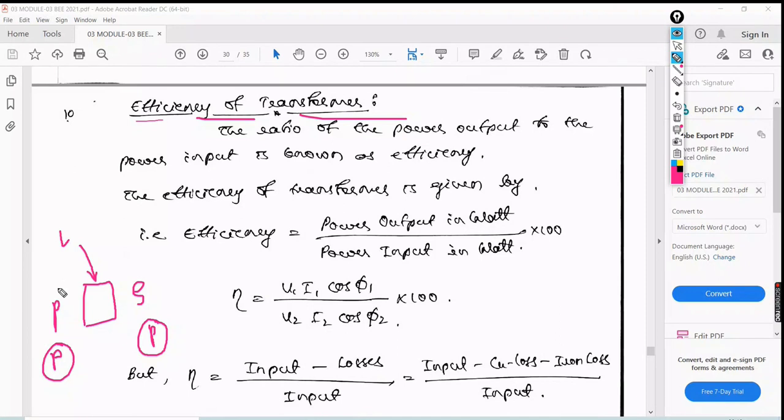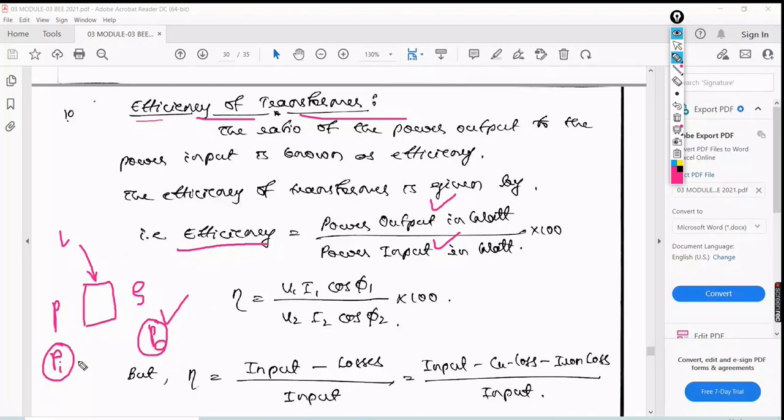Because of that, whatever amount of power input I give, the same amount of power will not be available. So the efficiency of the transformer is defined as the ratio of power output to the power input. What is available at the secondary relative to that of the primary.